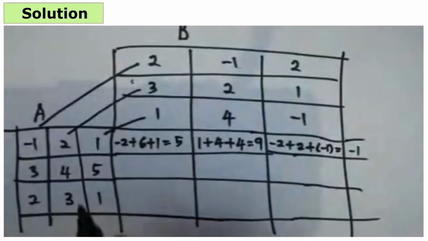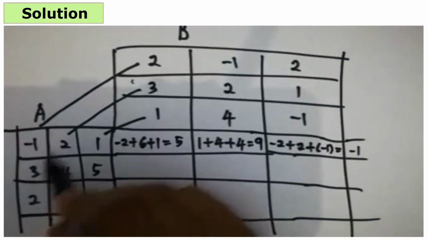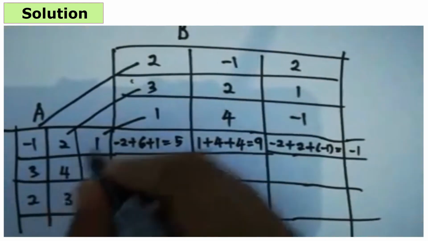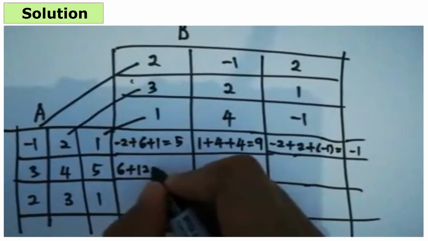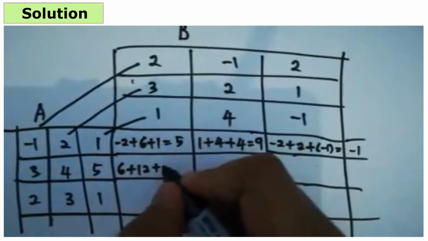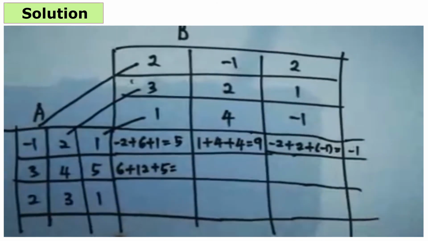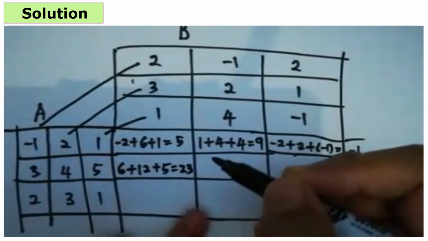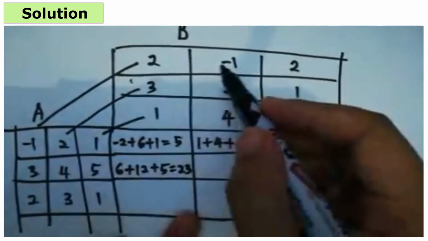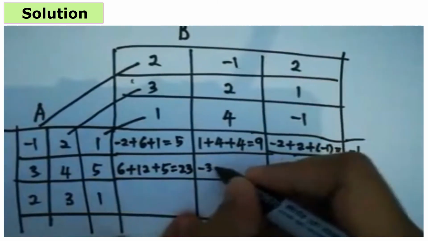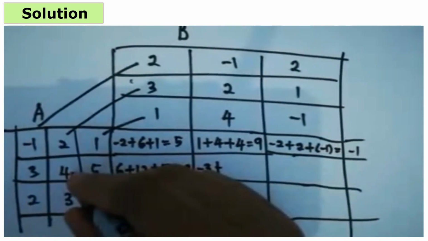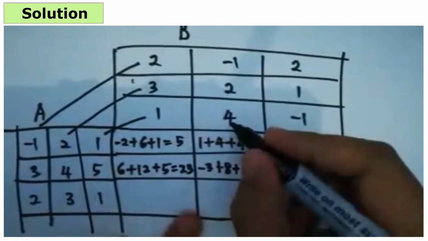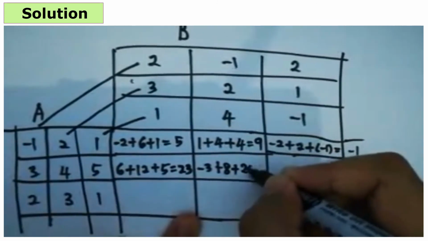And for the second row, 3 times 2 is 6, plus 4 times 3, 12, plus 5 times 1, 5, equal to 23. And then we have 3 times -1, -3, plus 4 times 2, 8, plus 5 times 4, 20.